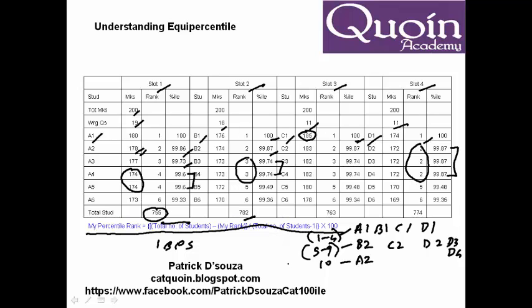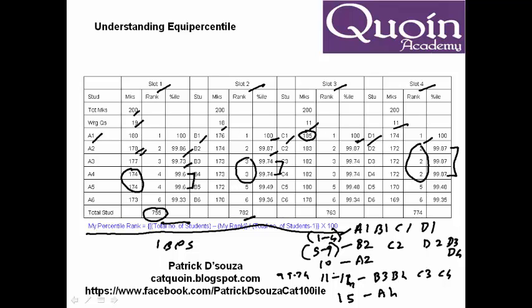99.86. 99.74 will be 11th rank onwards, 11 to 14, which is B3, B4, C3, C4. 15th rank will be A4 and so on.